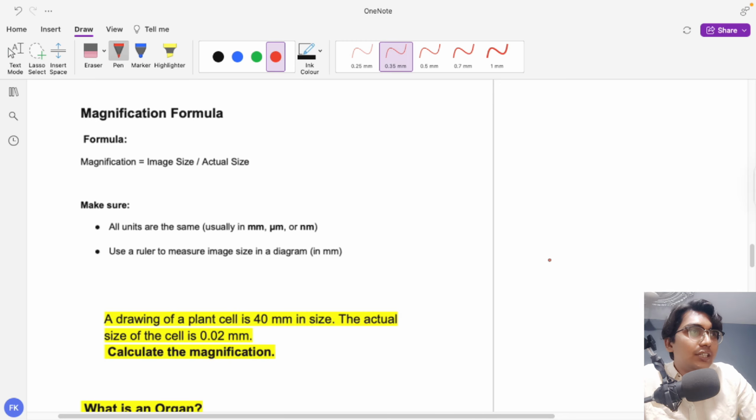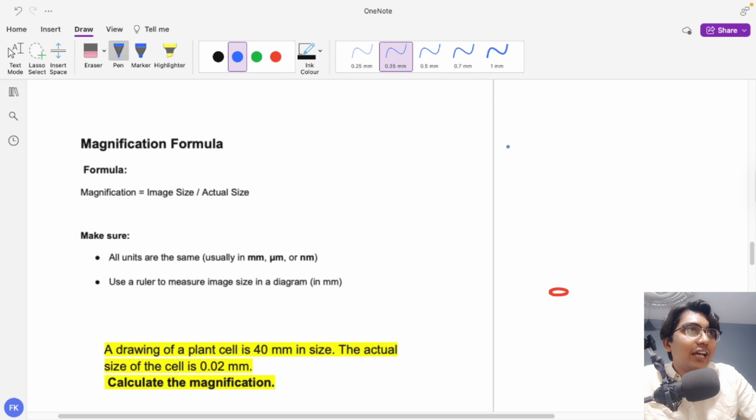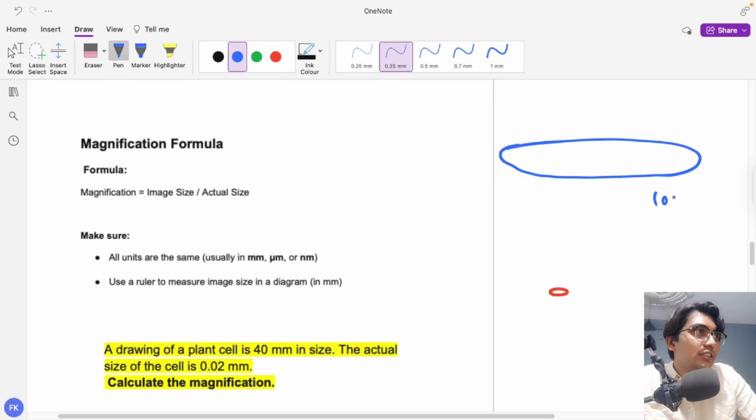So for example, this is the actual size of a cell. Okay, hypothetically, cells are that large. Okay, don't judge me. Suppose you magnify this thing. Now you magnify it to this thing. For example, this is 100x magnification. So you can see the 100x magnification over here.